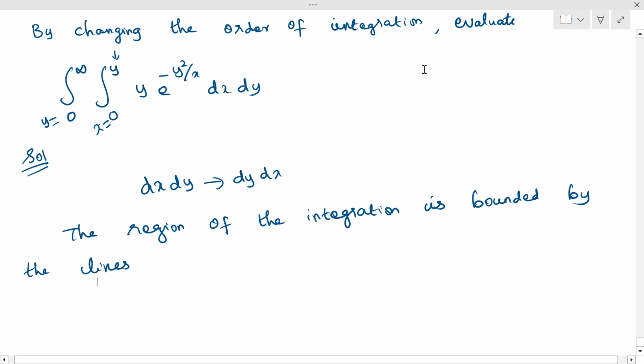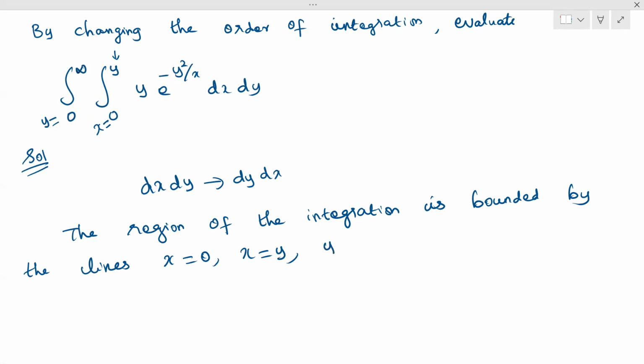They have given the limits: x varies from 0 to y, that is x equal to 0, x equal to y. And the other limits are y equal to 0, y equal to infinity. So these are the boundaries they have given in the question.